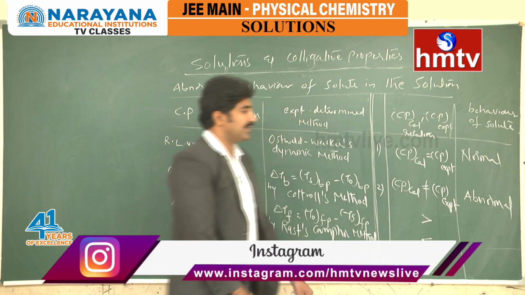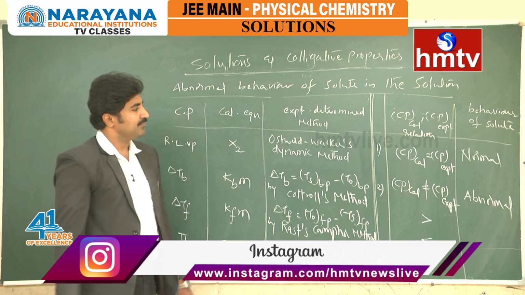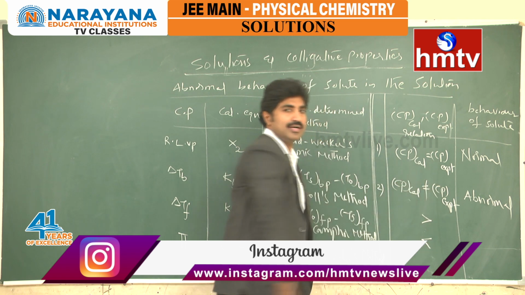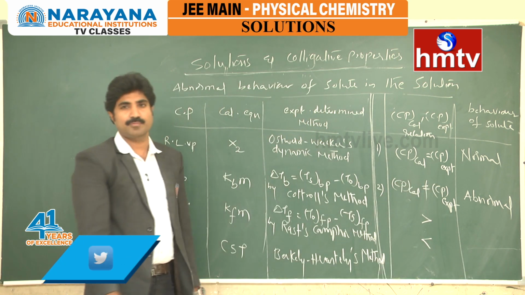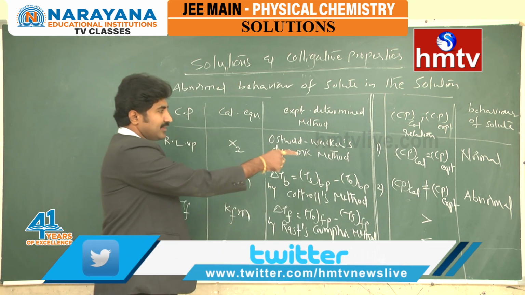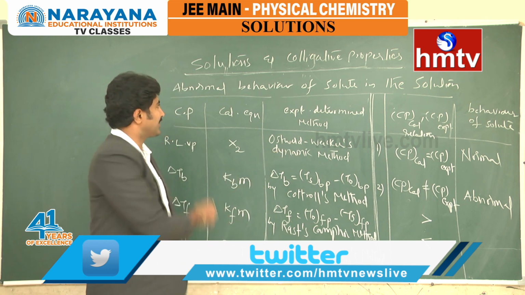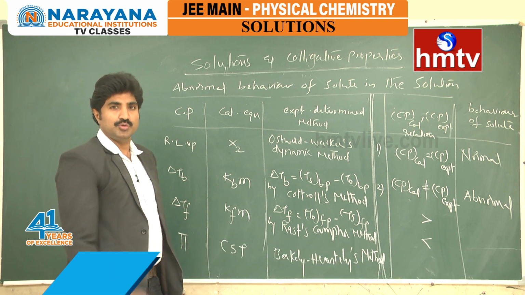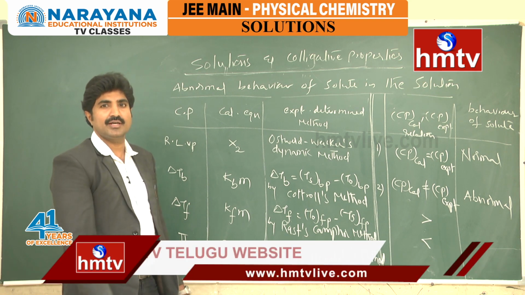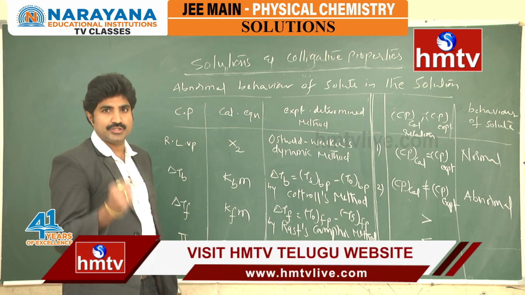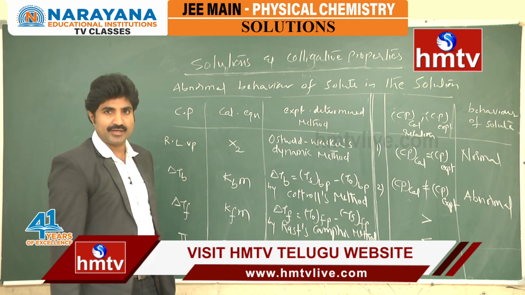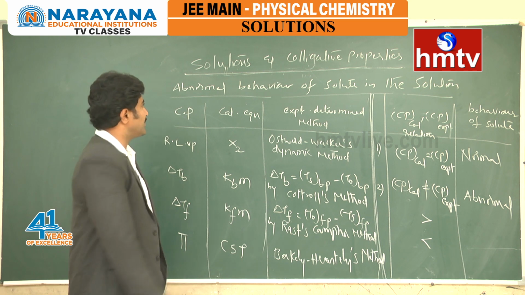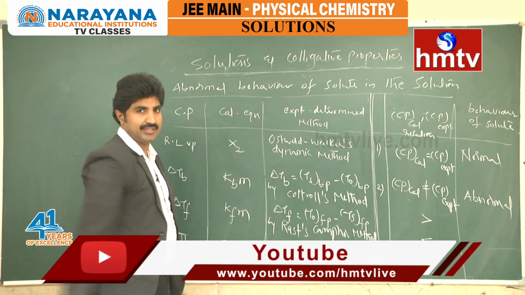In abnormal behavior, the calculated colligative property is not equal to the experimental colligative property. Based on these two relations, we can understand normal or abnormal behavior. To understand this abnormal behavior, the scientist Van 't Hoff introduced the Van 't Hoff factor i. In terms of the Van 't Hoff factor i, we can understand abnormal behavior of solute in the solution.